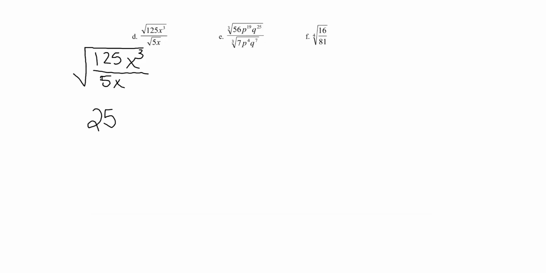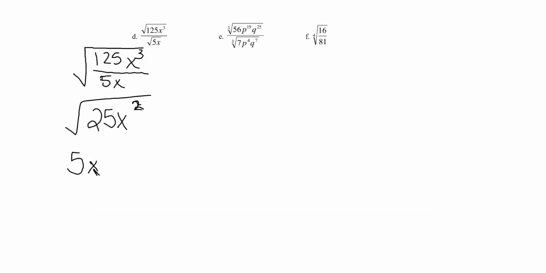And x cubed divided by x, again, you subtract your exponents, so you get x squared. And it's still under the radical. But that's much easier to simplify because the square root of 25 is 5. The square root of x squared is x. So my final answer is 5x.